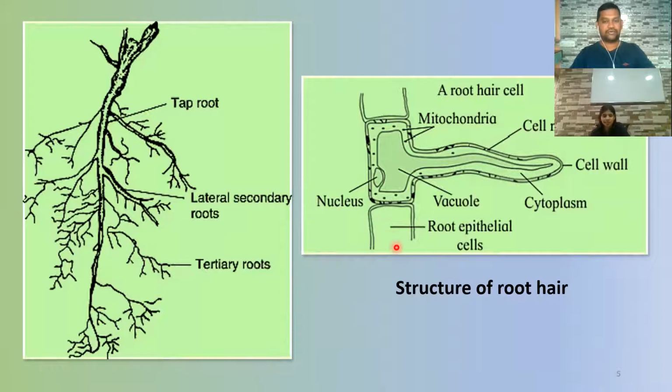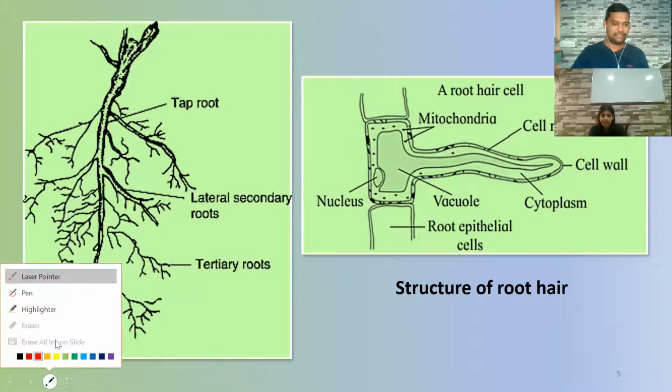So if you see the root hair at the microscopic level, if you observe carefully, the cells of the root, whether it is secondary, tertiary, or the primary root, it has an epidermal layer first. It has a covering layer called epidermis. I'll show you this way.